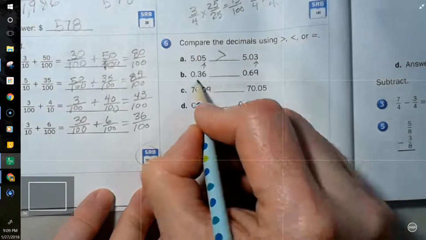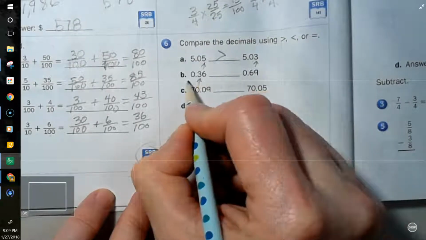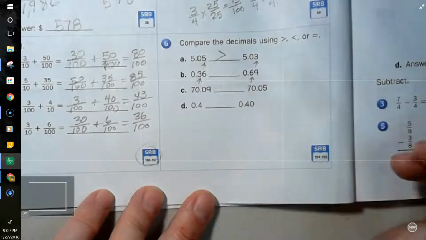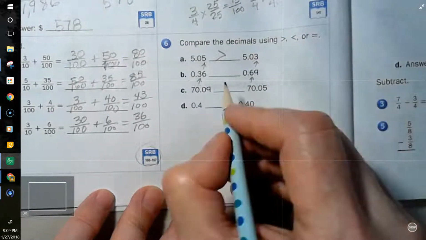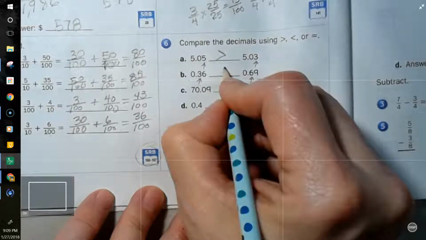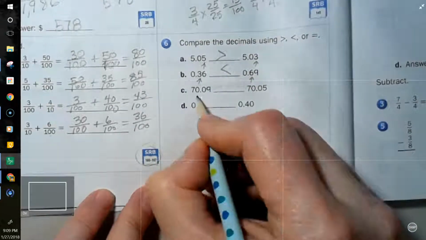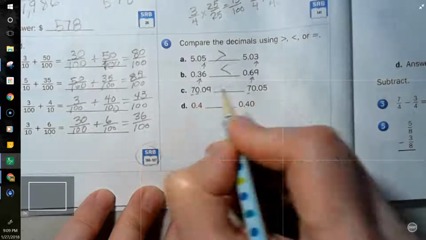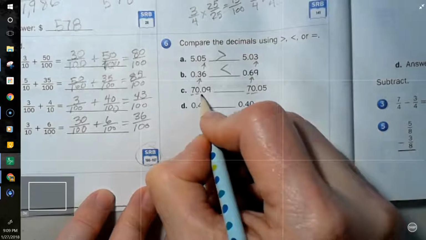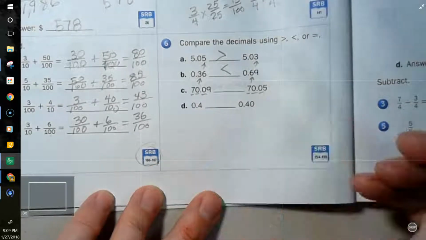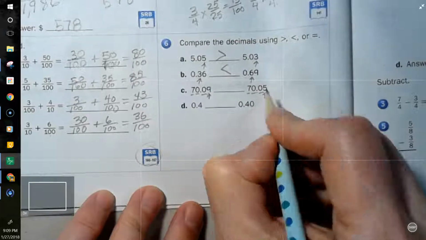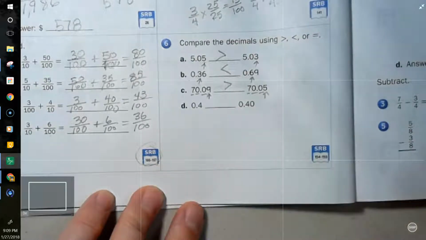In the second number, we go to the tenths place because they both have zeros in the ones. So we go to the tenths place, which is the next highest place value, and 6 is greater than 3. In the next number, 7 in the tens place, 0 in the ones place, 0 in the tenths place, so we go to the hundredths place, and 9 is greater than 5.